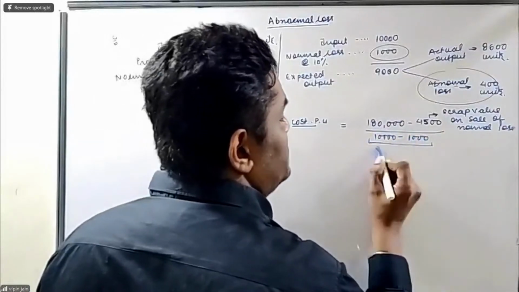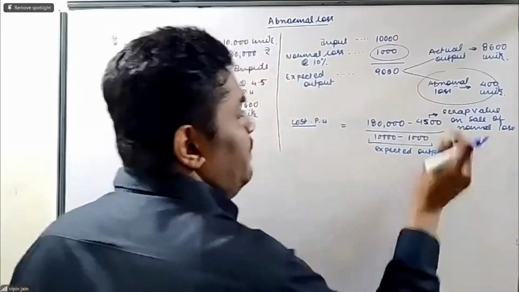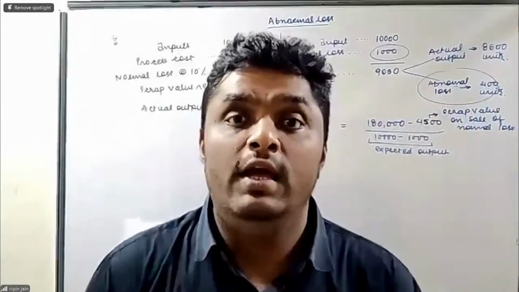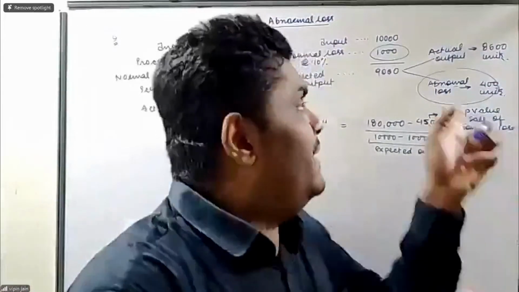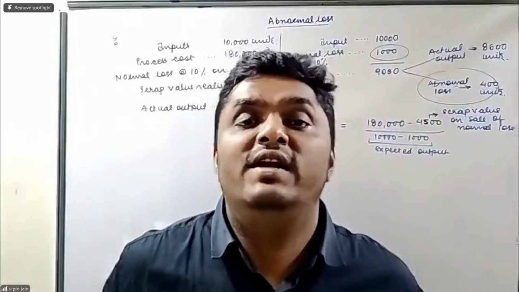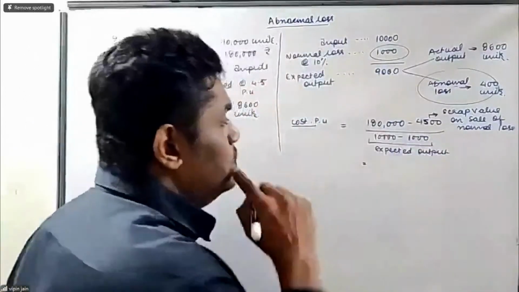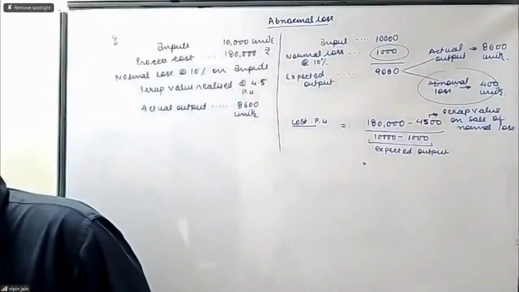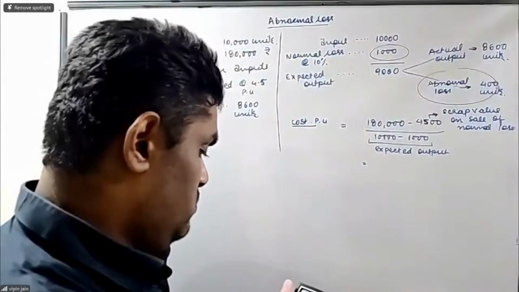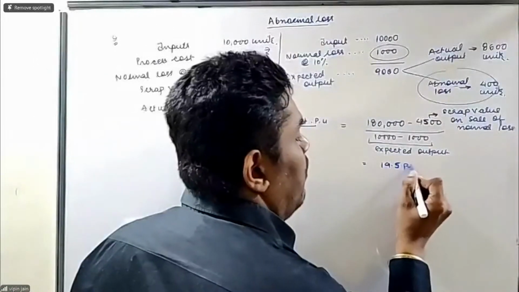That is my expected output. Very important, we will not subtract the 400 units, that is abnormal loss. अगर इसको subtract कर देंगे तो product cost और ज़्यादा inflate हो जाएगा because of abnormal loss. Do make a note of it that the product cost will not be inflated because of abnormal loss. The value of abnormal loss will be equal to the value of good units. So my cost per unit will be how much? 19.5 per unit.